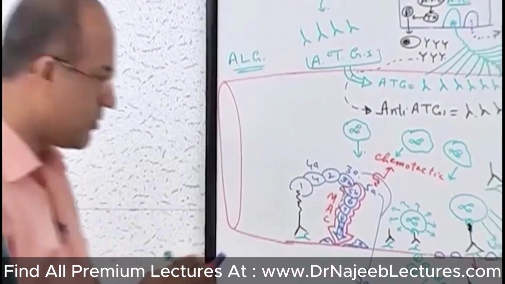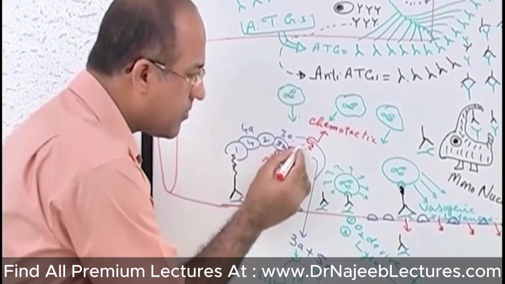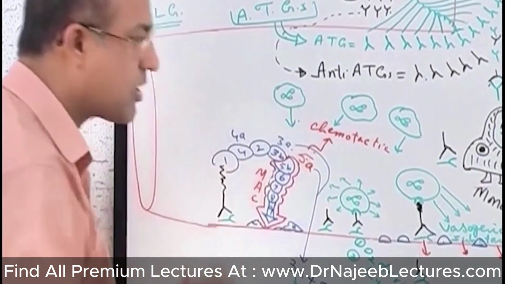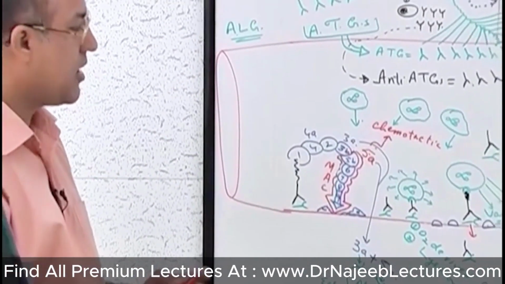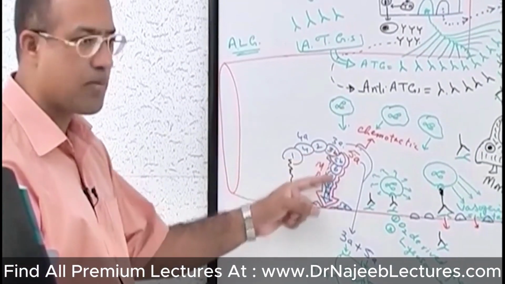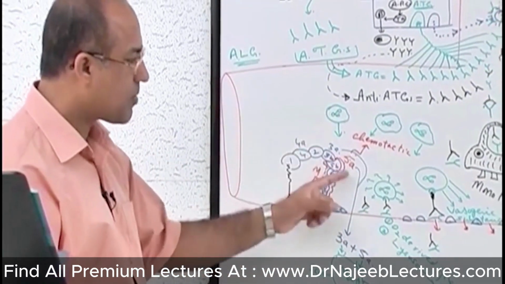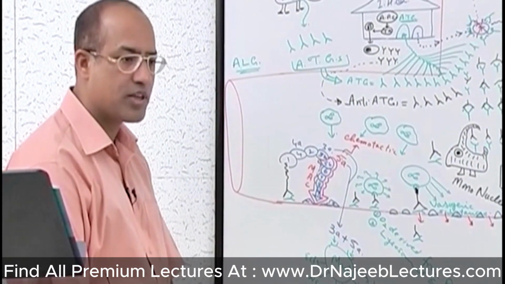So C5a is working as a very powerful chemotactic agent. It means complement activation damages the local tissue by membrane attack complex, plus it calls more neutrophils, plus it activates the mast cells to amplify the further inflammation.